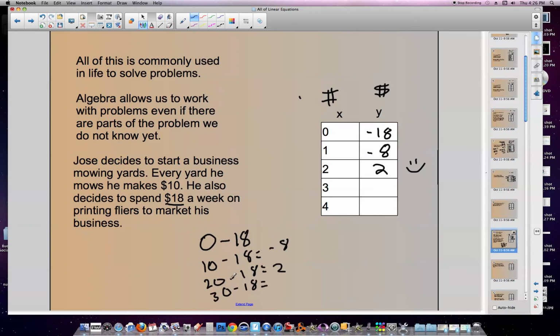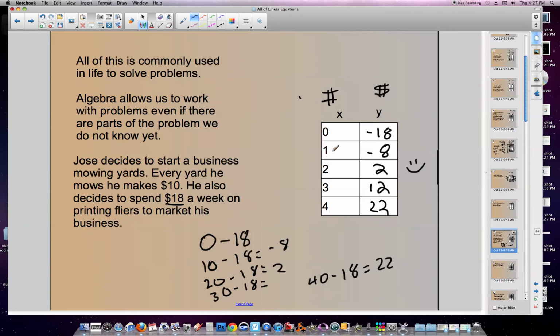And what does that come out to equal? Well, 30 minus 18, let's see, that's 12, right? $12. And lastly, if he mowed 4 yards, he made $40, still spent that same 18, right? So he winds up with 40 minus 18, which is $22.